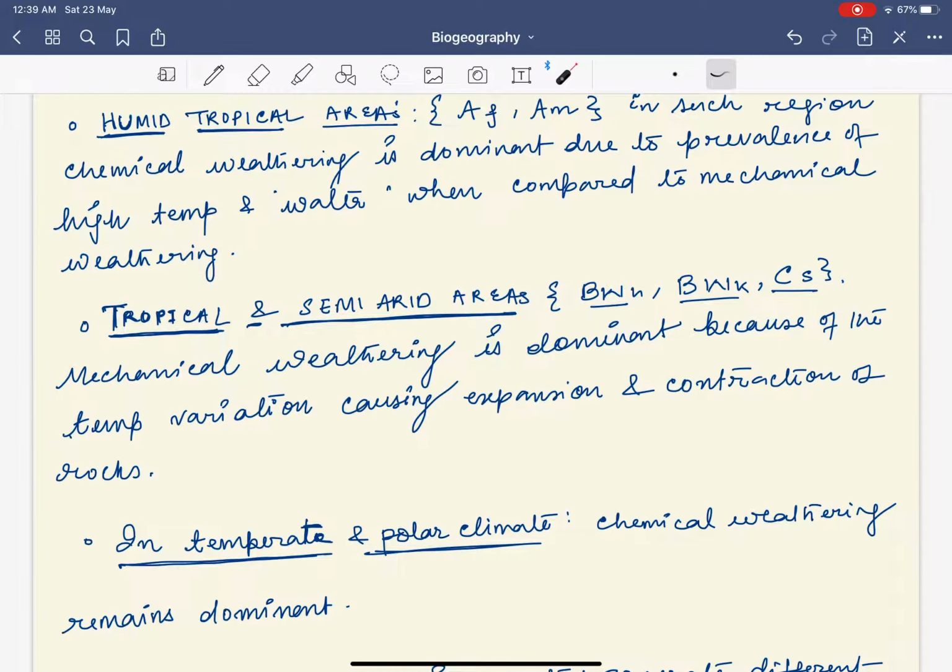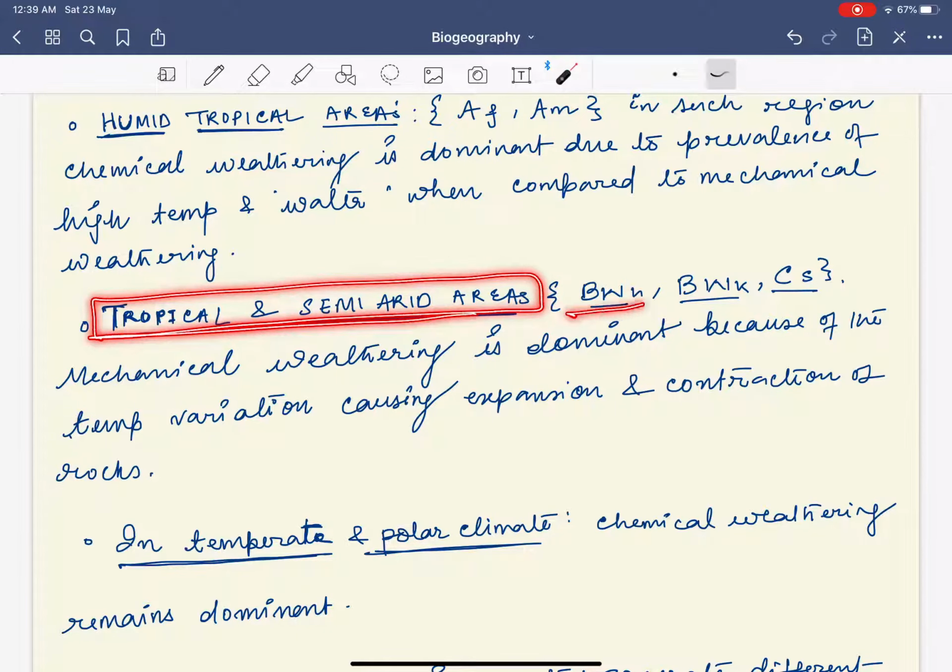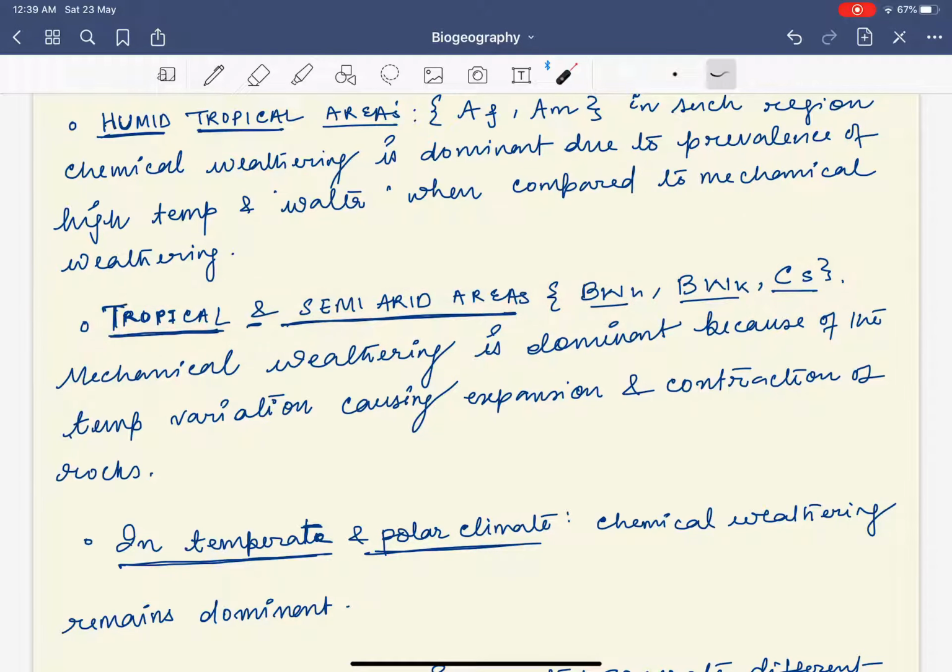Next, in the tropical and semi-arid areas, tropical means BWH, BWK and CS. Now from the BWH, BWK and CS, you could easily guess that these are none other than desert regions. In this desert region, mechanical weathering remains dominant because of the temperature variation causing the expansion and contraction of the rocks in day and night respectively.